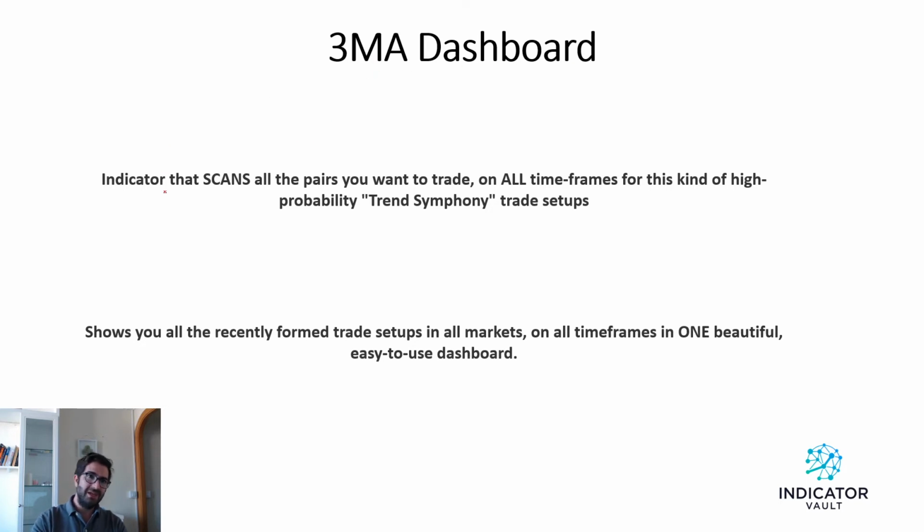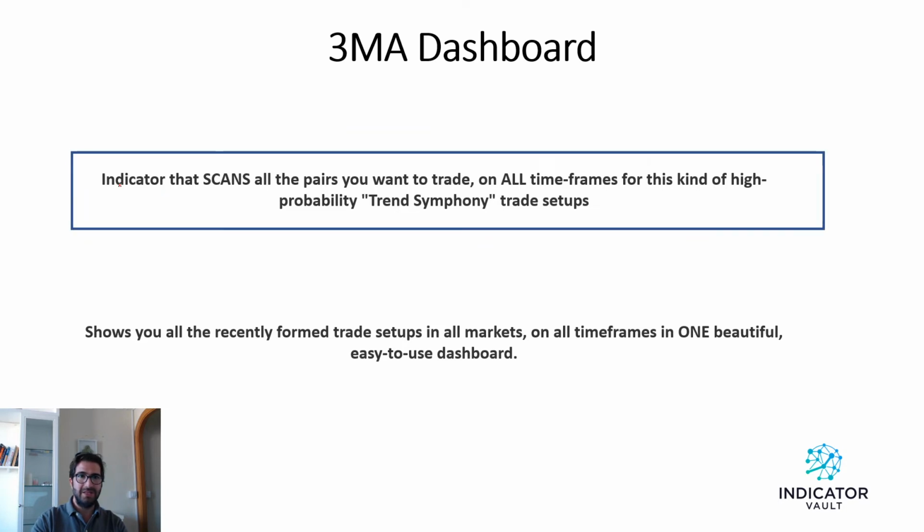So the 3MA dashboard indicator scans all the pairs you want to trade on all time frames for this kind of high probability Trend Symphony trade setup. What it does, it scans all the available pairs that you trade, maybe cryptocurrency, forex, indices. It does everything automatically.